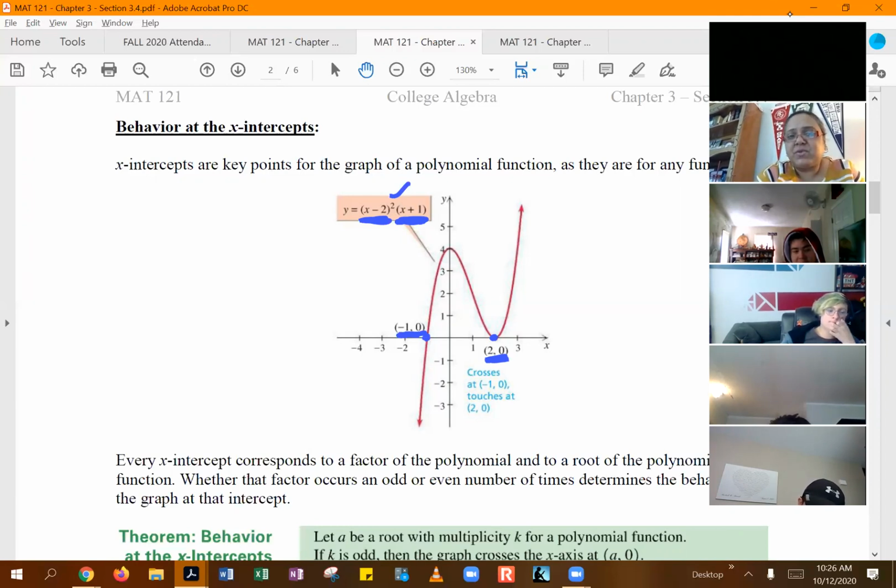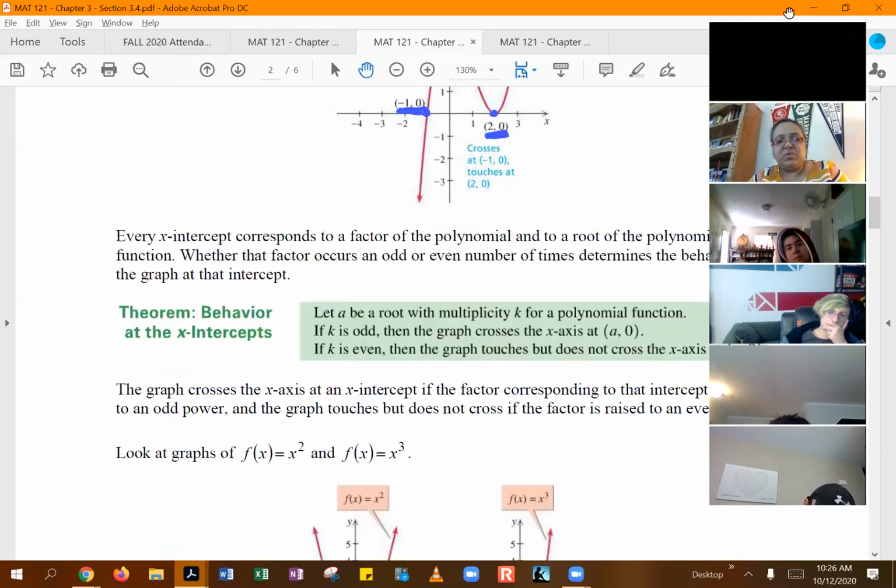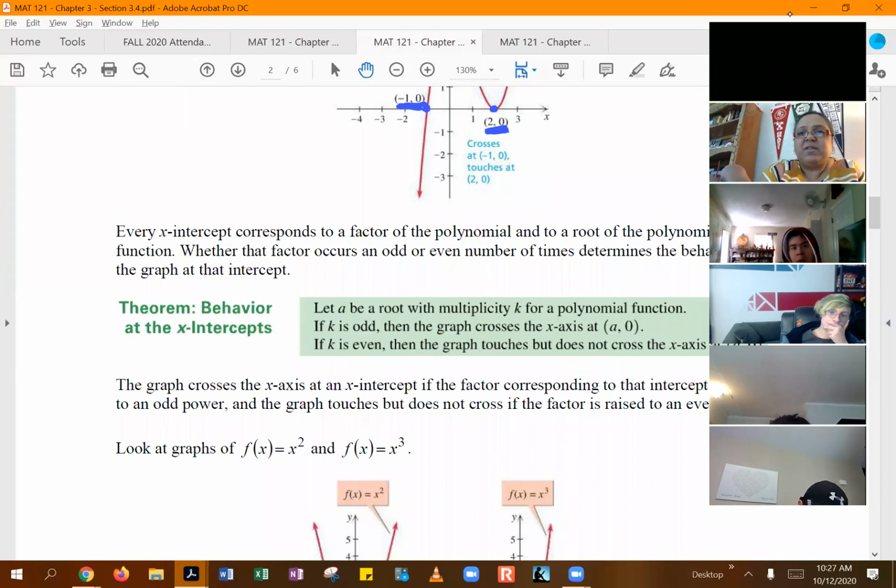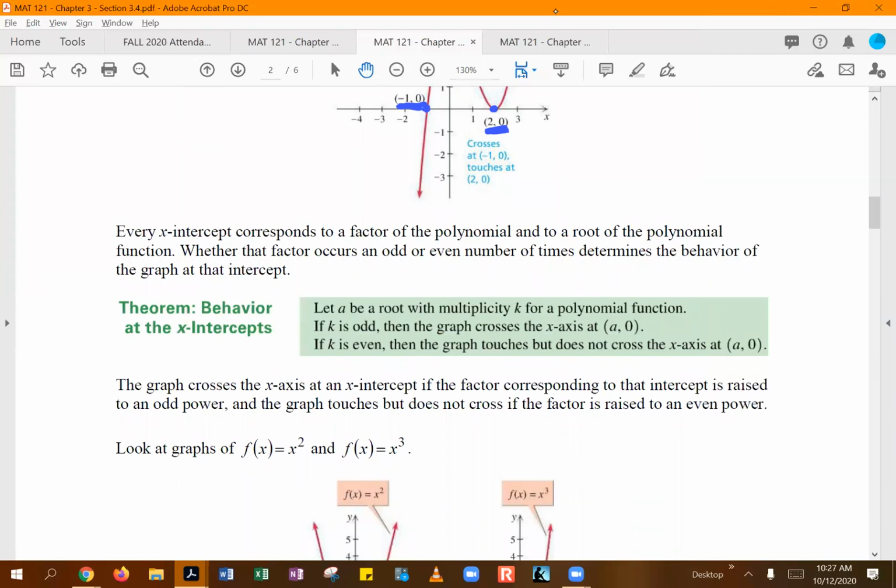When it is raised to an odd power, because you can see x plus 1 is raised to the first power, so that's an odd number. So for odd numbers is where your graph will actually cross the x-axis. And you will see that here in this little theorem for the behavior at x-intercepts.